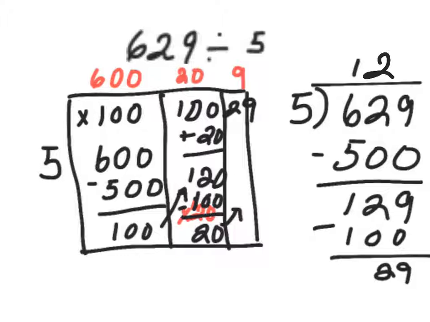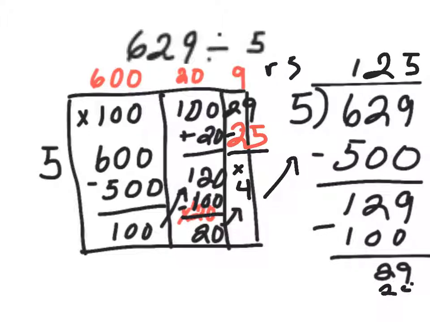So 5 times 6 is too much, but 5 times 5 fits fine, which gives me 25. 25 from 29 leaves me with 4, which is my remainder. Five goes here, 24, remainder 5. Simple.